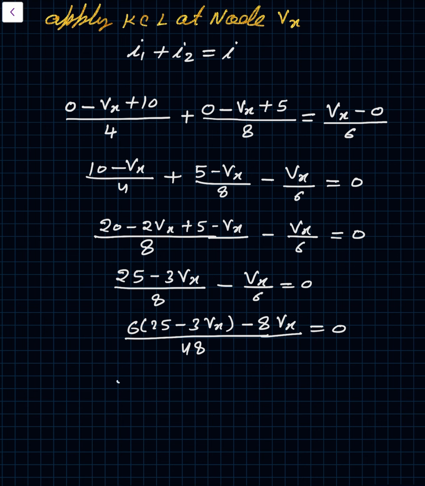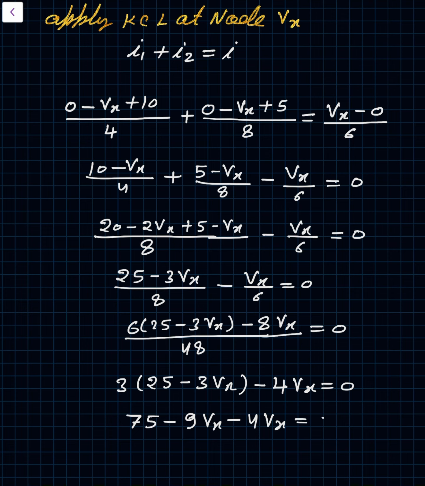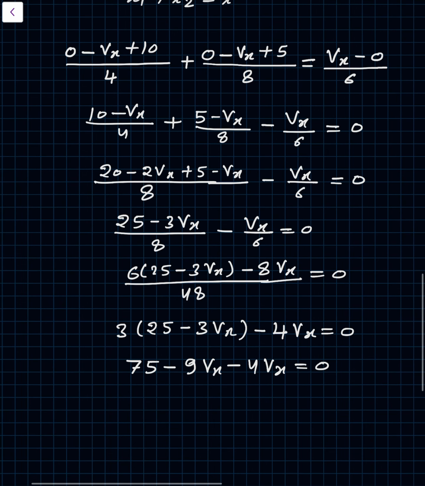Divided by 3, divided by 2, then we got 25 minus 3Vx minus 4Vx equal to 0. 75 minus 9Vx minus 4Vx is equal to 0. 9 plus 4 is 13, so Vx is 75 divided by 13 volt.